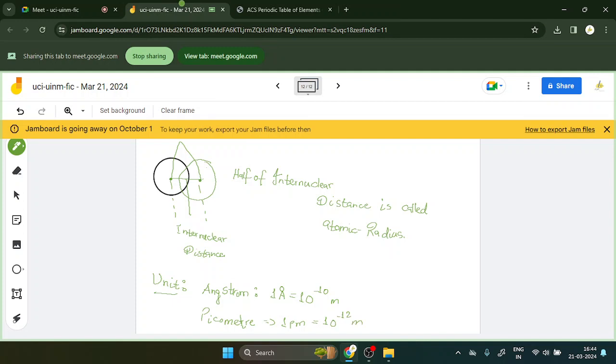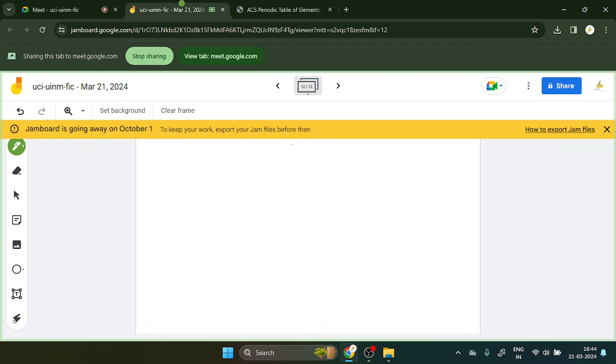Then on which factors does atomic radius depend? Can you tell me? Factors on which atomic radius depends.